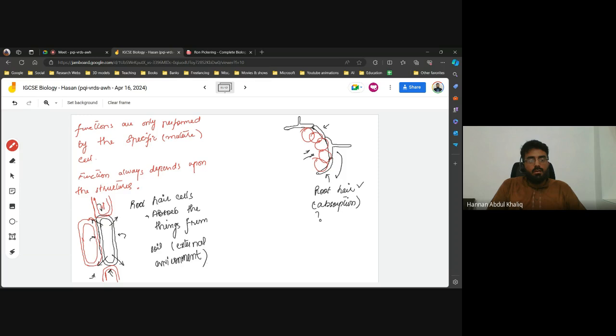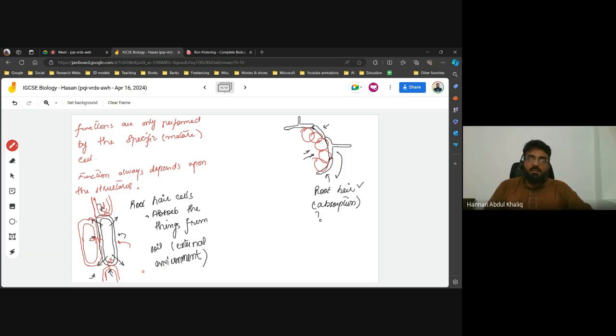You cannot absorb from this side, you cannot absorb from this side, and you cannot absorb from this side. If you are supposed to be taking up elements or molecules only from the external environment, then the only side available to the external environment is the front side. You got it?